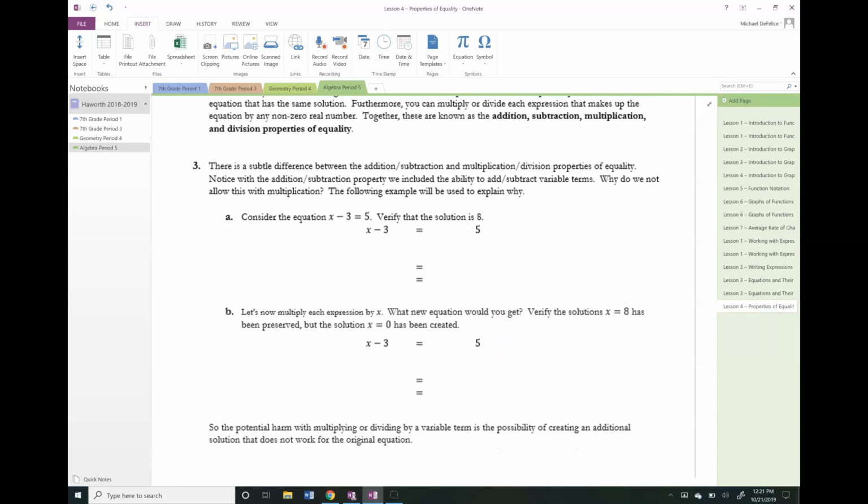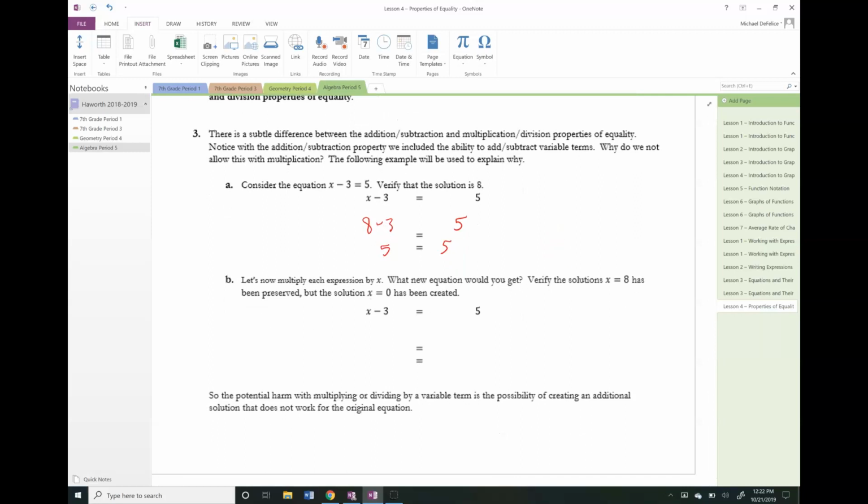So here I have an equation, x minus 3 equals 5, and I want to verify that the answer to that equation is 8. So how can I check that 8 is actually the answer? Well, I can do 8 minus 3 and check, does that equal 5? And yeah, it sure does. 5 equals 5.